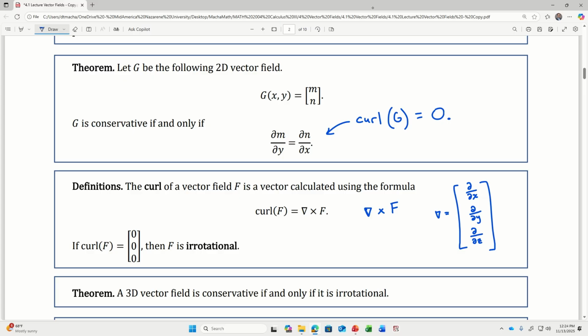And whenever I say take the cross product, what I mean is match up the entries as you would by taking a cross product, but then you're not really multiplying, are you? You're not saying I'm multiplying the partial with respect to x times some other expression. You would be taking the partial with respect to x of the expression.